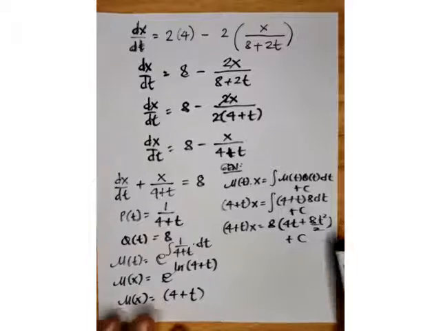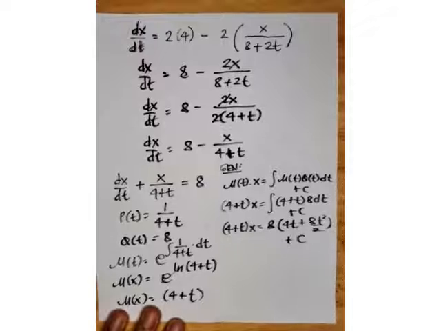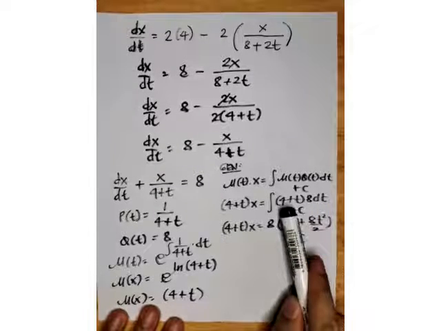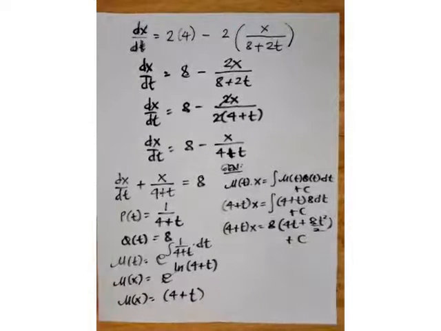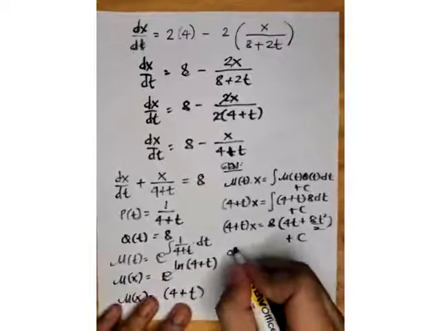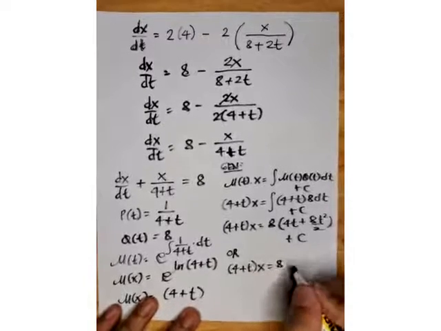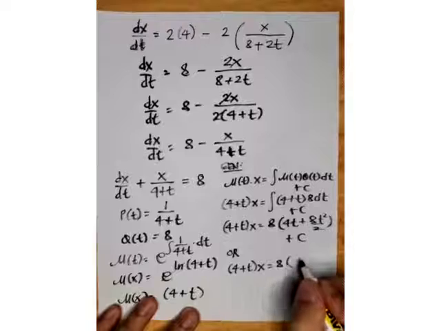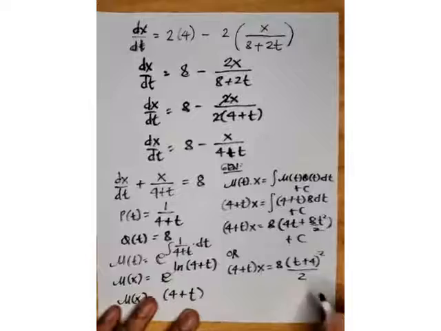Tama ba ako? Pinactor out ko yon, and then in-integrate ko yung 4, so that's 4t, and then that's t squared over 2. Unless you want to make it chain rule, ayaw ko lang siyang gawin chain rule. Gusto nyo chain rule? Or pwede naman na (4 plus t)x is equal to 8 times (t plus 4) squared over 2. Ayan.